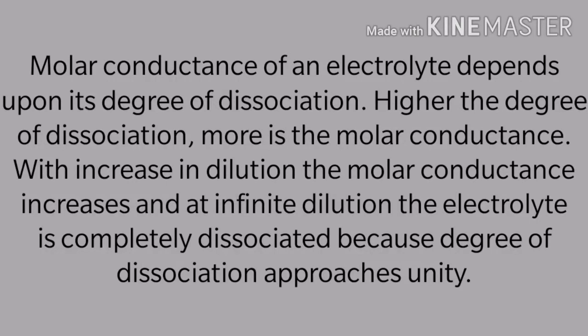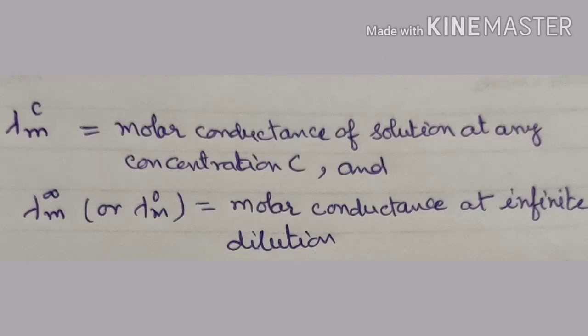Now we can represent it as lambda m c. This is the molar conductance of the solution at any given concentration C. So at any concentration, the molar conductance of the solution is represented as lambda m c, where m is for molar conductance and c is for the concentration of the solution.